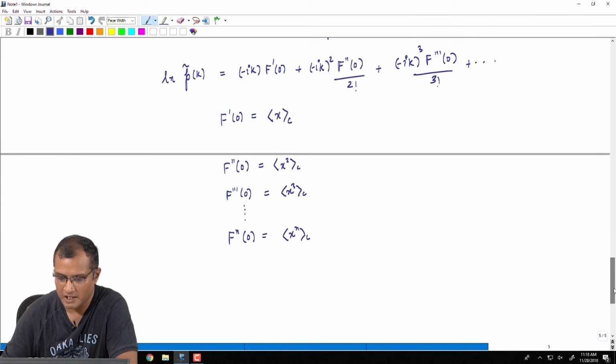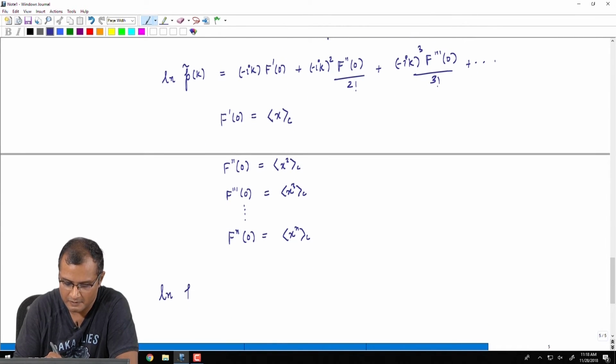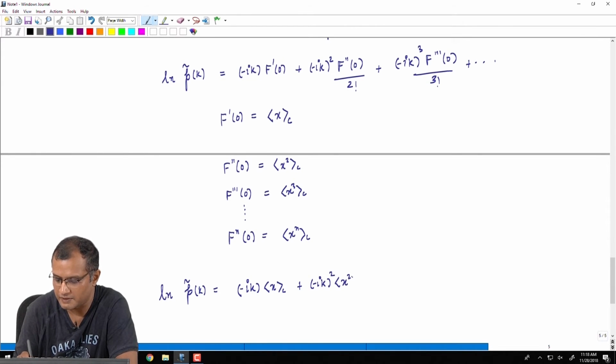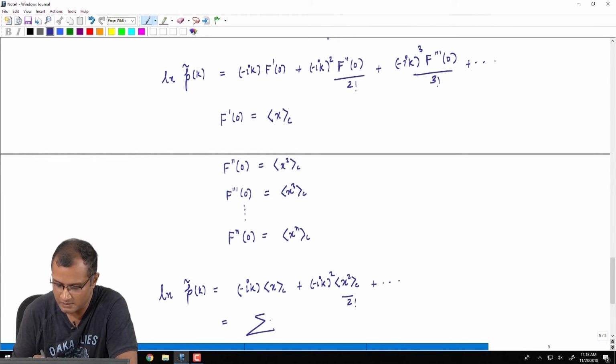This way our series becomes logarithm of p of k as minus ik into the first cumulant plus minus ik to the power 2 into the second cumulant by factorial 2 and so on. So, I can write this as a summation, j going from 1 to infinity, of minus ik to the power j times the jth cumulant upon j factorial.